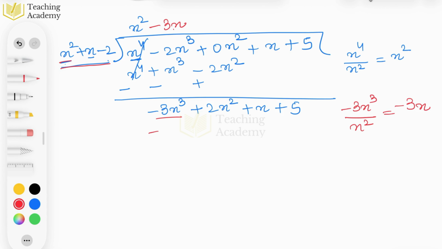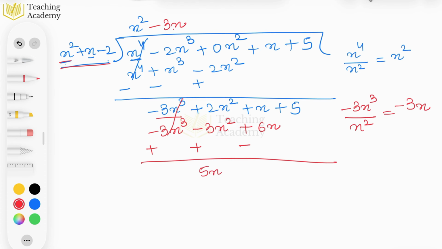So it is negative 3x cube, negative 3x square, and negative negative is plus, so it is plus 6x. Just change the sign of the second line. This got cancelled. This is going to give you plus 5x square. This is negative 5x and plus 5, right?